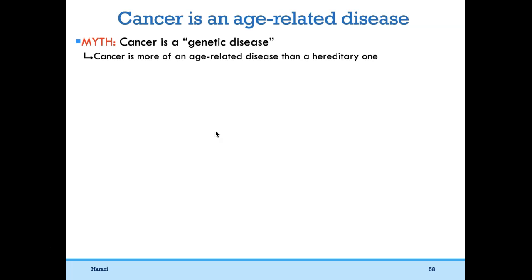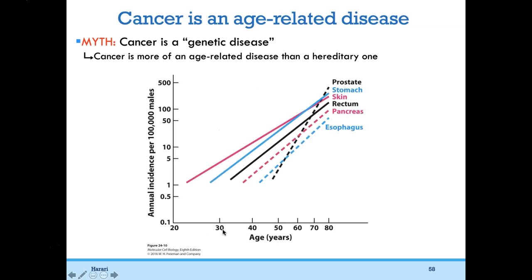So certain risk factors can run in families. However, for the most part, cancer is a disease of old age and not genes. So you can see in this graph, as age increases, so does the incidence of cancer, almost in a very linear fashion. Especially you can see prostate cancer is one of those that really gets more prevalent in older men.